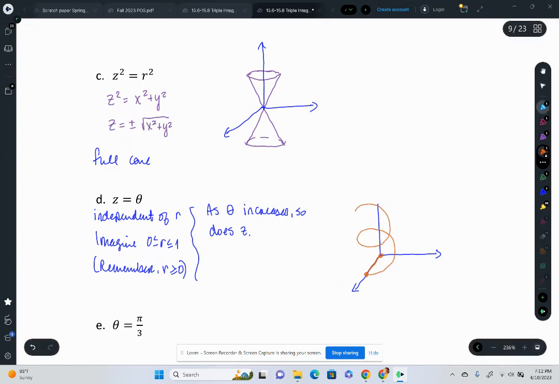Now, here's an even better thing to do to try to make this more clear. So I've got all these radial arms that sweep out and fill in the space.